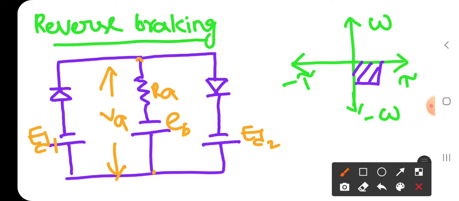This is the A terminal, AA. VA is positive at AA, negative at A. Moreover, how will the current flow? The current will flow in the forward direction. That means the current flows from A to AA, like this. So who is the source for this current? The source for this current is ED1 only.